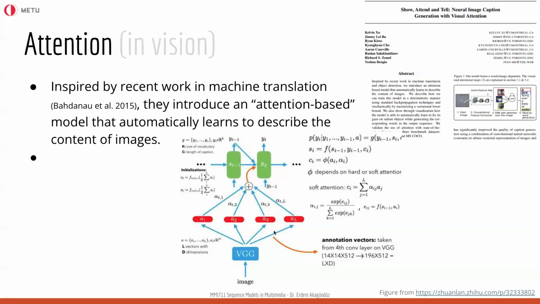The attention is the same. You calculate a weight using the input hidden states and the decoder's current hidden state. When you have these weights, all you have to do is make the weighted average, calculate the context vector, and feed it to the decoder concatenated with the decoder's previous hidden state.